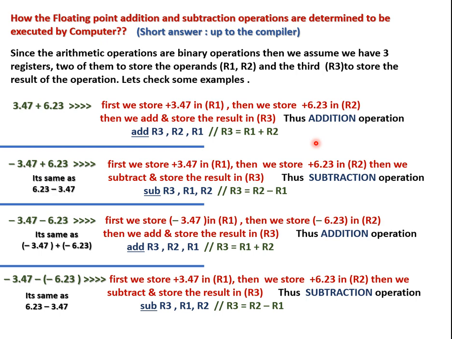So we have to determine whether it's going to be addition or subtraction, because the process of subtraction is more complex than the addition in terms of floating point number operation. That's why, first of all, it has to be very clear which operation we are going to perform. Okay, now let's step forward and start with example number 1.